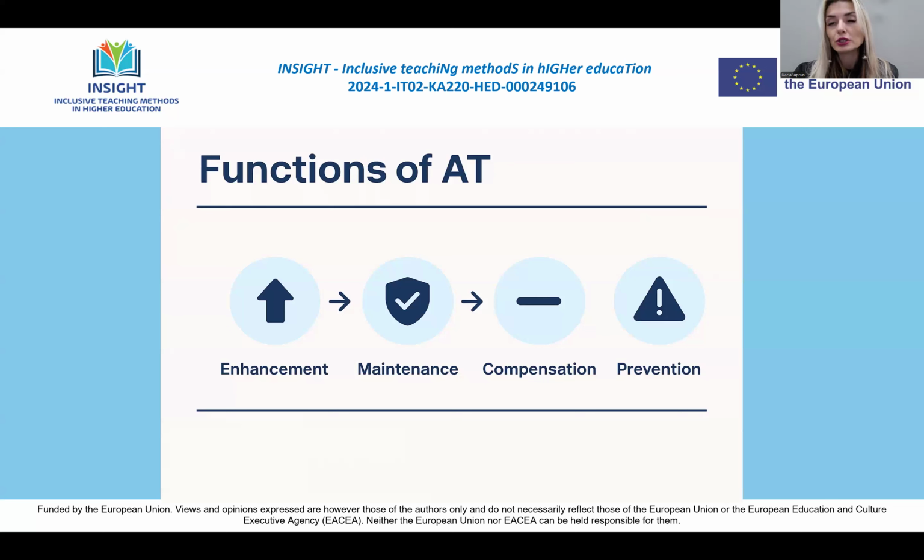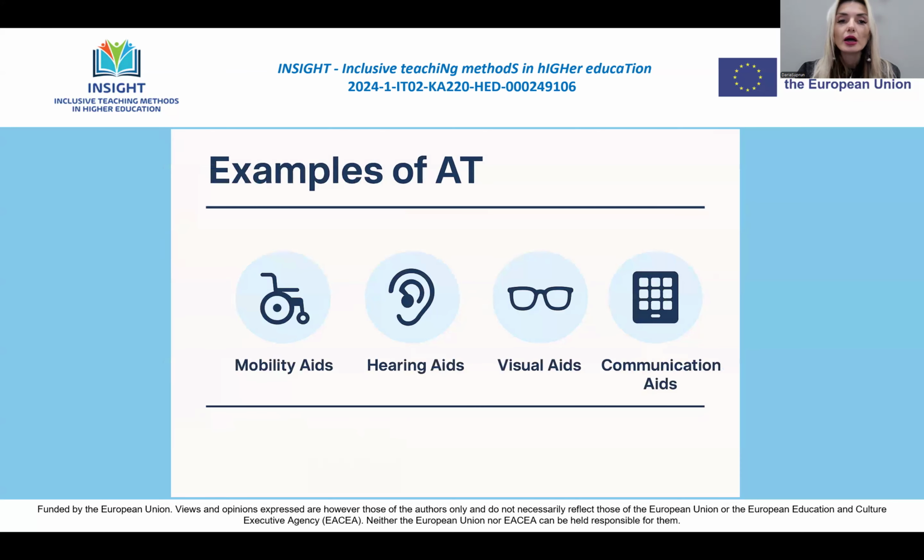By area of application, the next classification can be education, work, everyday life, medicine, recreation. So we have the next function of assistive technology: enhancement, maintenance, compensation, and prevention. According to all this classification you can hear examples of assistive technology: mobility aids, hearing aids, visual aids, communication aids. So next, continue.